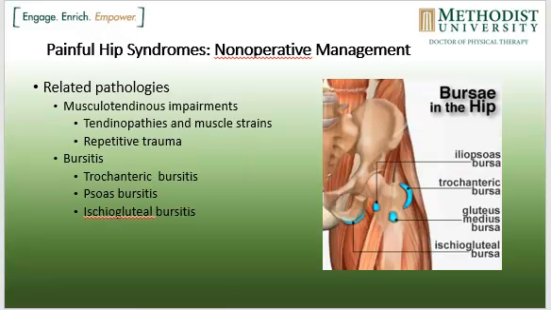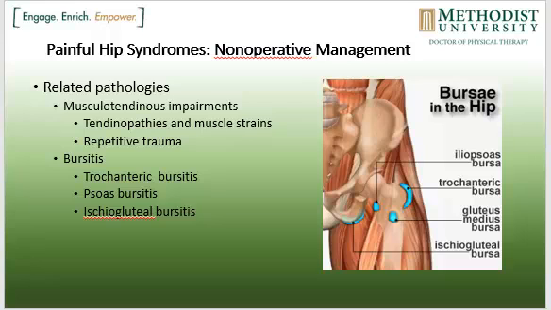All right, so we're going to talk about some non-operative syndromes, such as, we're going to call it painful hip. Muscular tendinous impairments, such as muscle strains and tendinopathy, are common. I think we have talked repeatedly in this class about how to treat muscular tendinous impairments, and treating them in the hip is no different than treating them in any other joint.